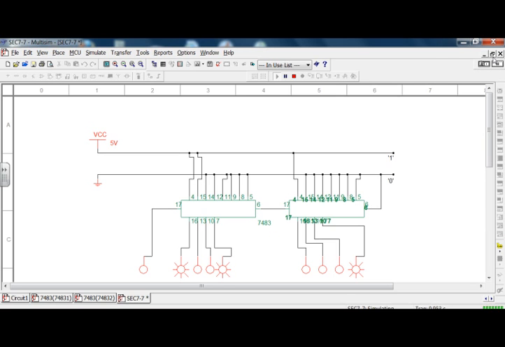A, B, A, B, A, B, A, B, A, B. 1, 2, 3, 4, 5, 6, 7, 8. 1, 1, 2, 2, 3, 3, 4, 4.